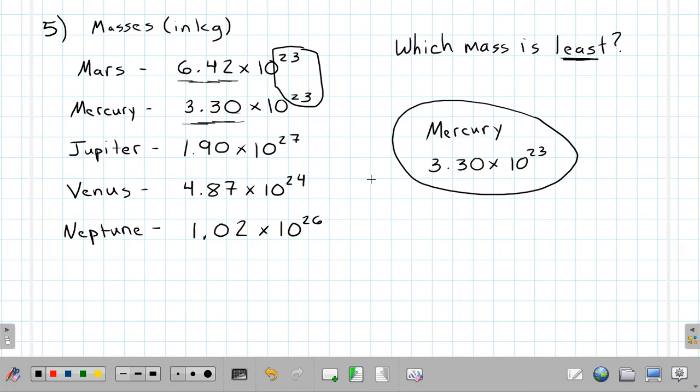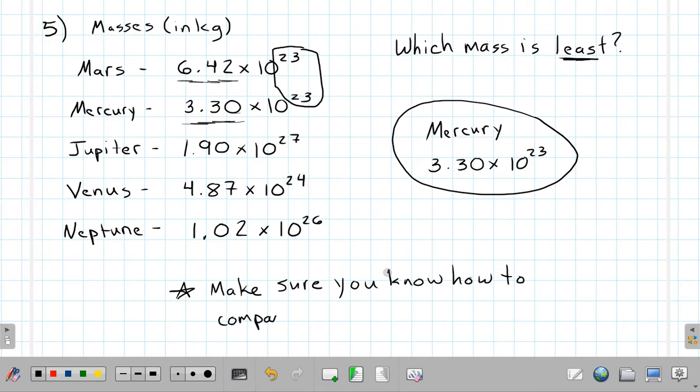Okay. Now, one thing that I did note in the practice and the homework is people were struggling with negative exponents. So make sure you know how to compare negative exponents.